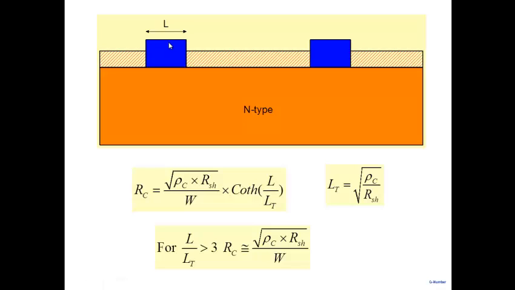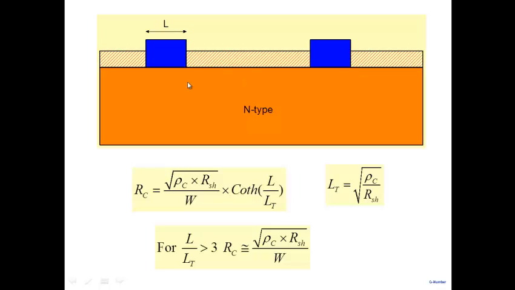It's a straightforward strategy. Under the contact, make the doping large. Make the region under the contact heavily doped. Make it N plus, with doping 10 to the power 19 or 10 power 20. Similarly, under the other contact, make the doping 10 to the power 19 or 10 power 20.